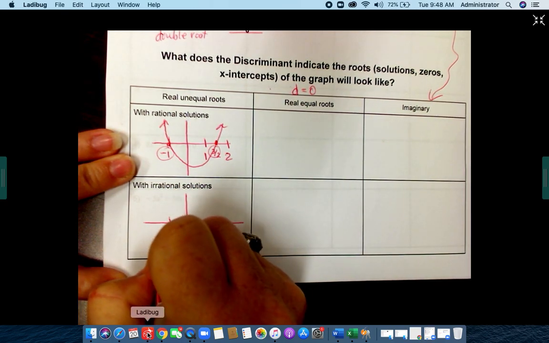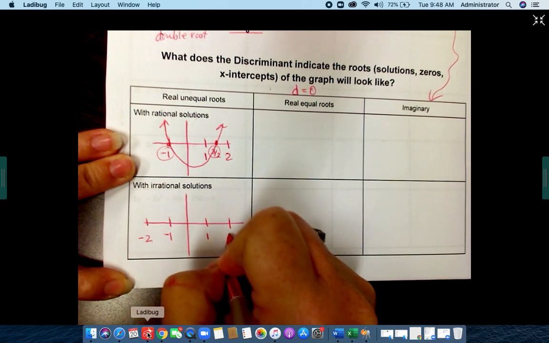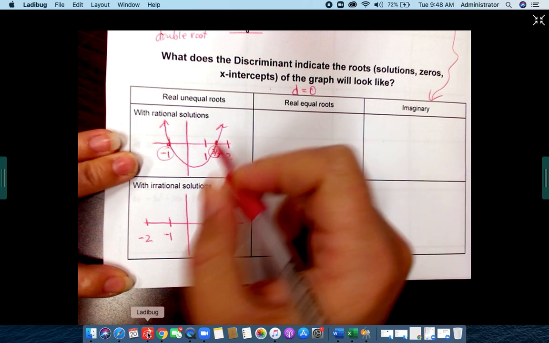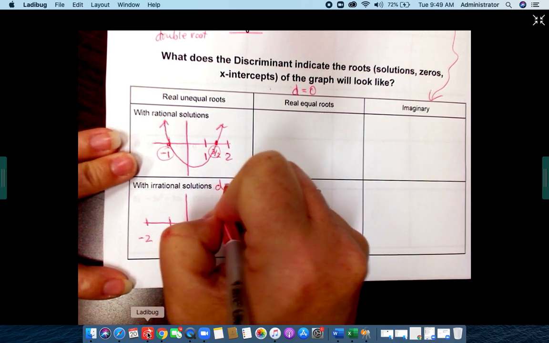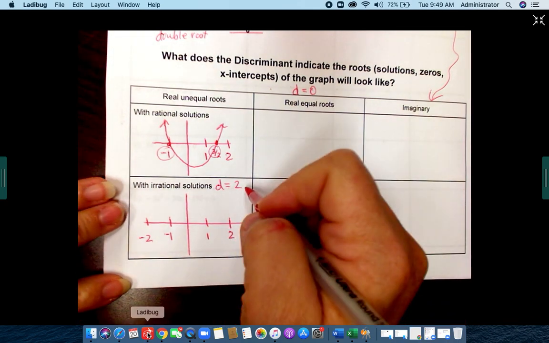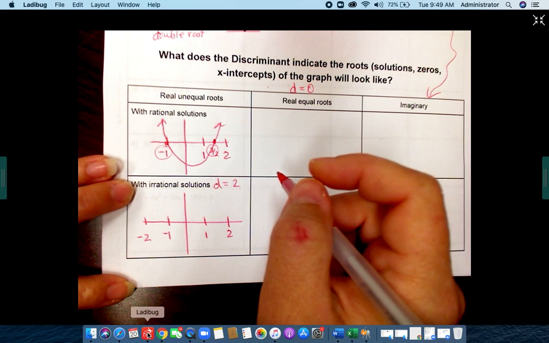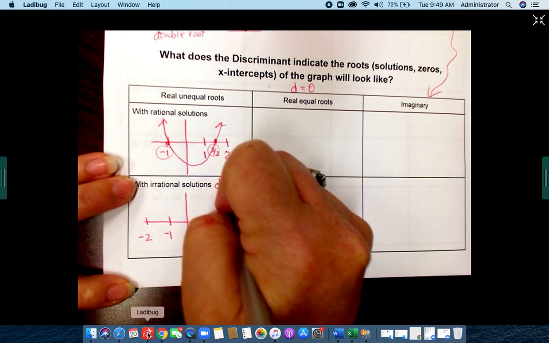Irrational solutions might be, let's say this is -1 and -2, and +1 and +2, and when I find my discriminant, I get a discriminant value of 2. Well, what we will find out using the quadratic formula is that when we simplify this, we're going to get an irrational value.